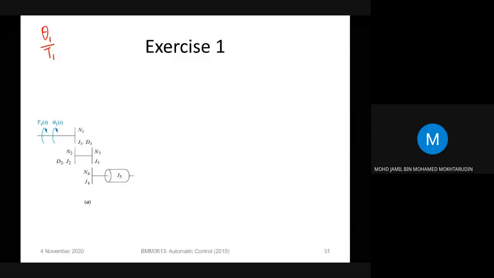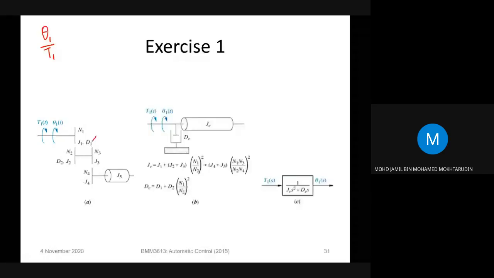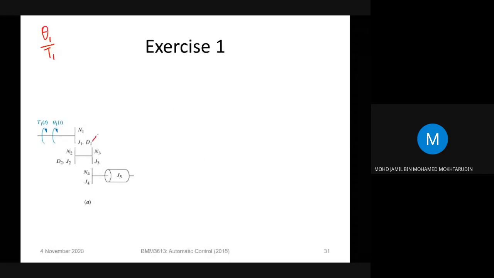So for this example, T1 and theta 1 is on this section. And the rest, like D1 here, is the damper or friction of the gears. Okay, friction of gears.